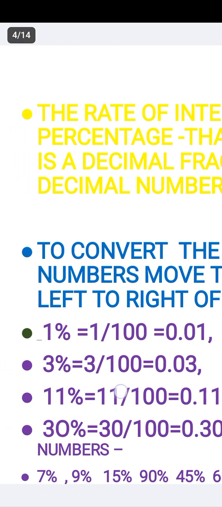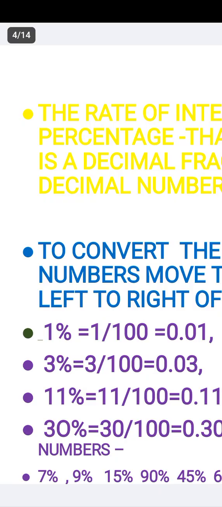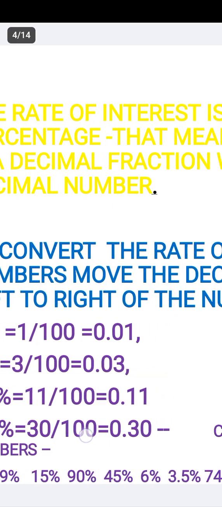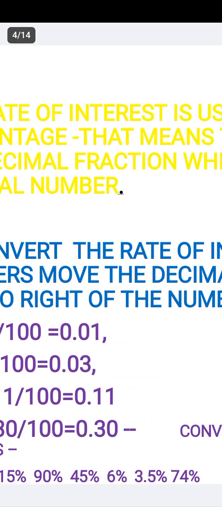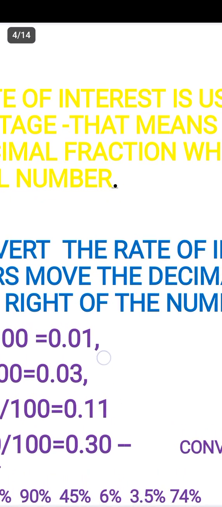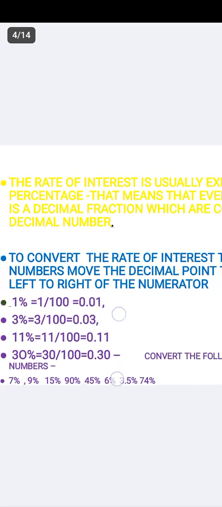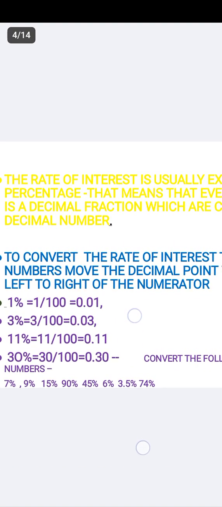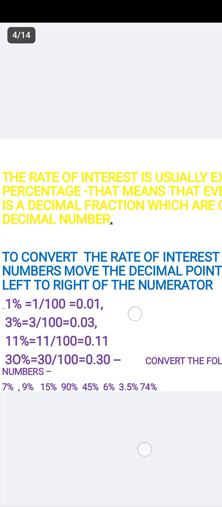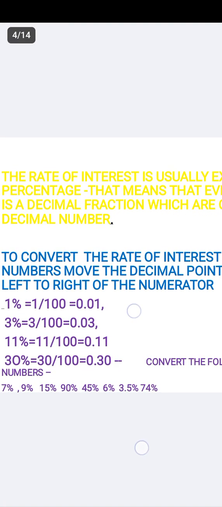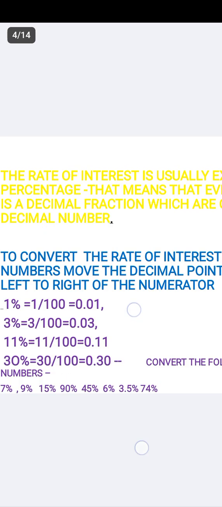The first one is 7%. 7% there is 0.07. 9% is 0.09. 15% is 0.15. 90% is 0.90. 45% is 0.45. 6% is 0.06. 3.5% is 0.035, and 74% is 0.74.